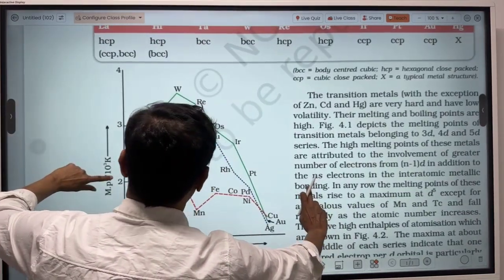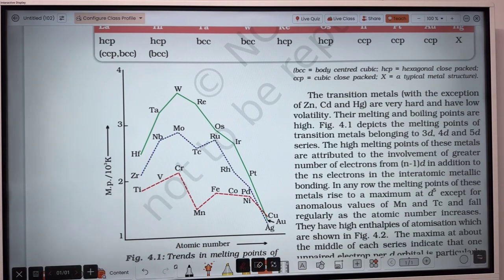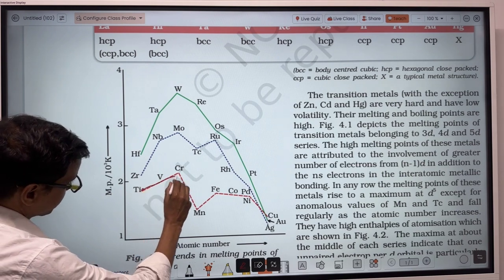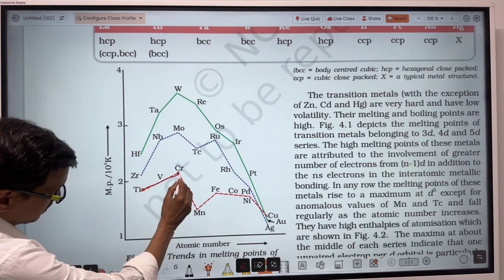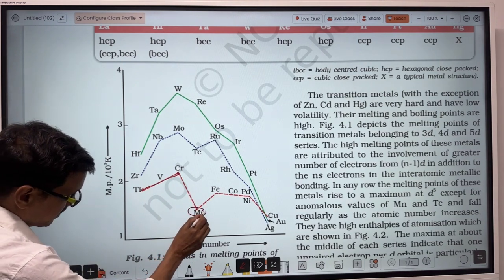Watch this carefully. From titanium, the melting point increases till chromium, and then the melting point of manganese decreases sharply.